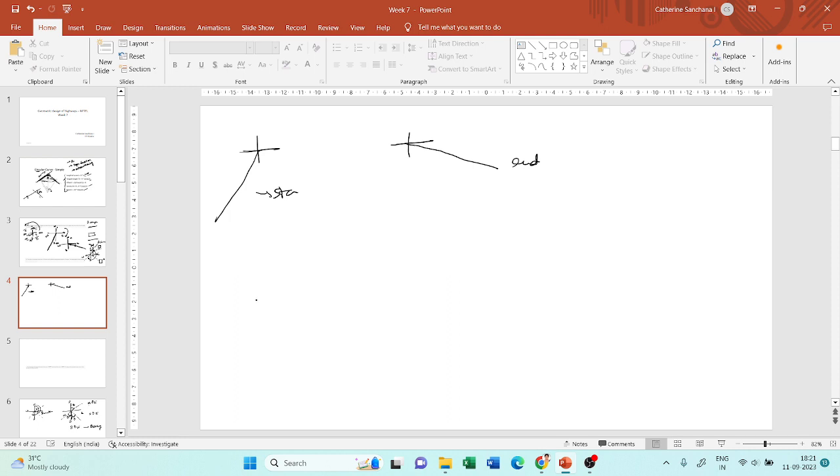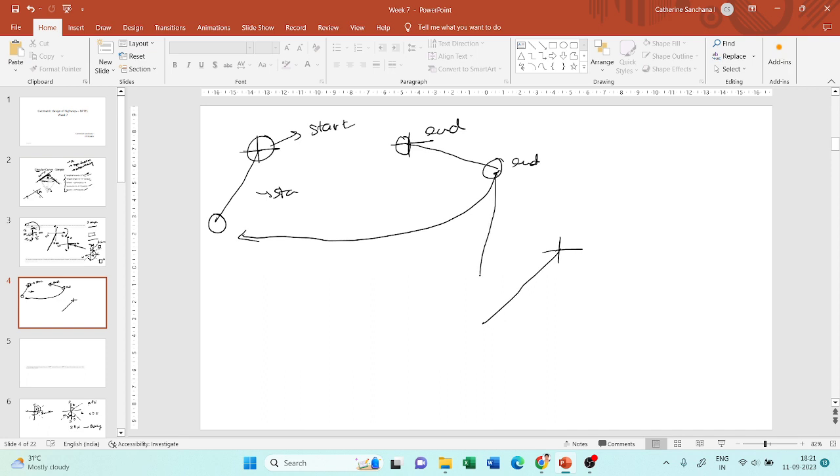How will you connect these two? This measurement is made at the start and this measurement is made at the end. So the connecting point for these two is this point. So you have to bring this point here. Okay, so this will be connected like this.